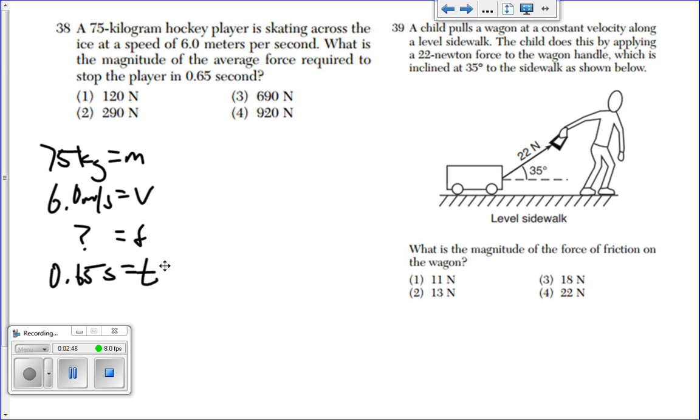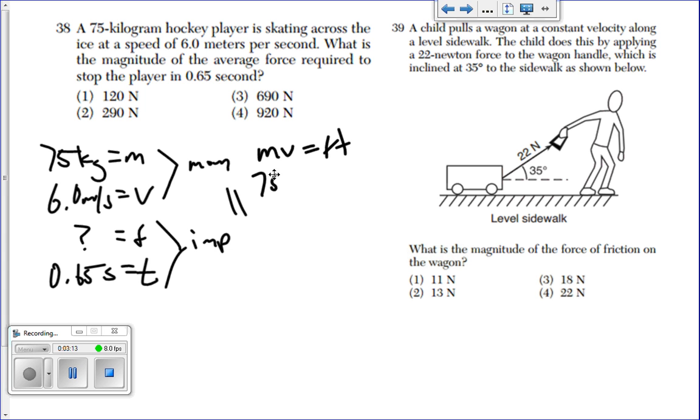So what relates all 4 of these quantities? Well, this is momentum, and this is impulse. If we're trying to stop this, we're taking something to rest, so we can set the momentum equal to our impulse. So we just have mv equals Ft, and we plug in some numbers.